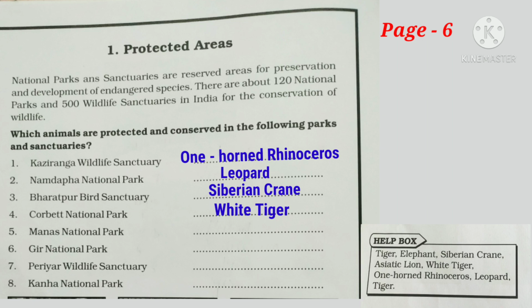The next one is Manas National Park, and here elephants are protected and conserved. The next one is Gir National Park, and it is famous for protecting Asiatic lions. Okay. The seventh one is Periyar Wildlife Sanctuary, and here tigers are protected and conserved. And the last one, Kanha National Park, here also tigers are protected and conserved.